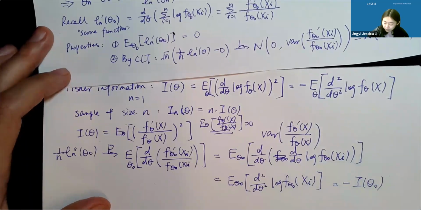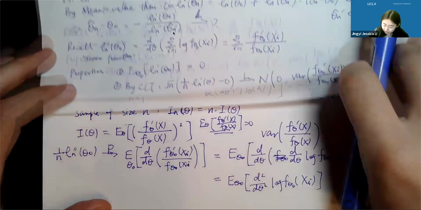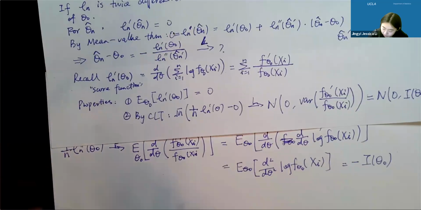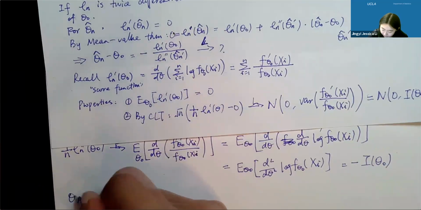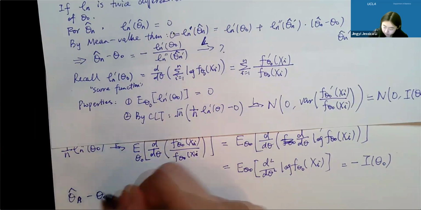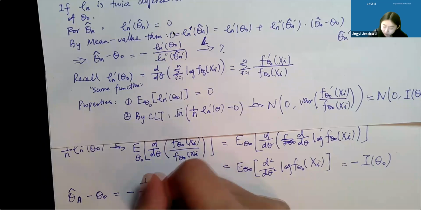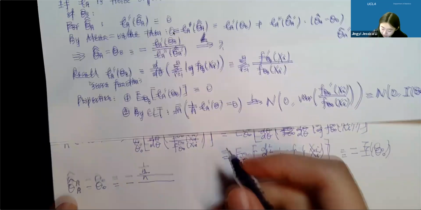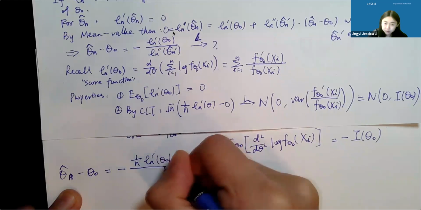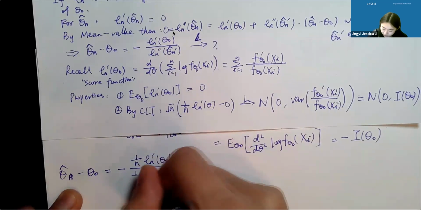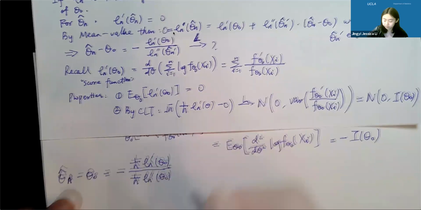Okay, so putting it together, theta n hat minus theta 0 is negative, and I can put 1 over n here, l_n prime theta 0, the first derivative, divided by 1 over n l_n double prime, the second derivative.